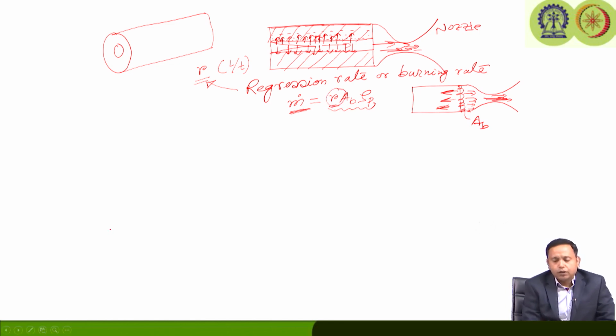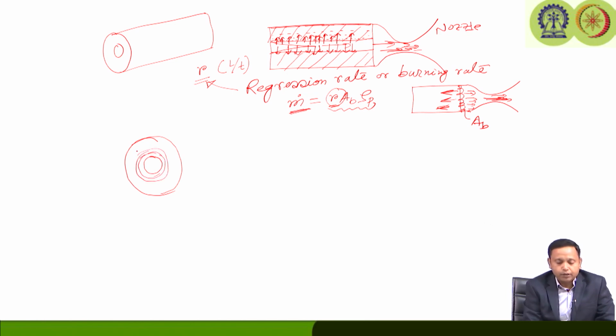Now, coming back to the simple grain configurations as we talked about, one is, of course, the cylindrical grain configuration, where the internal perforation is a cylinder. If you look at this one, it will keep on burning like this.